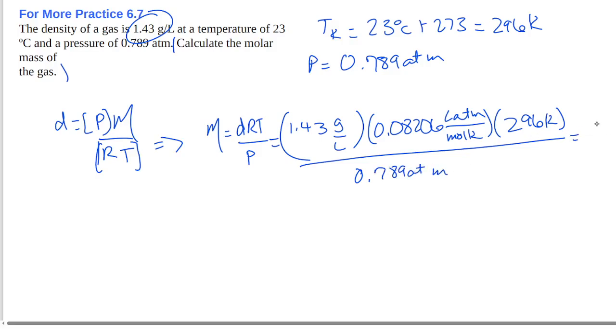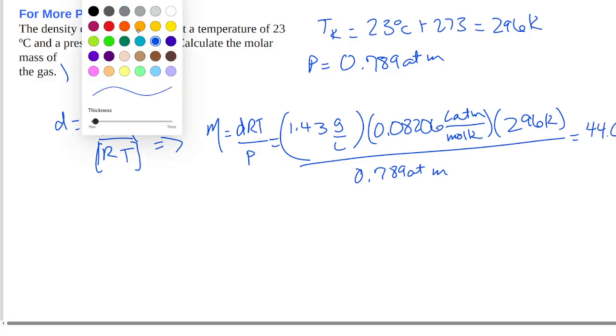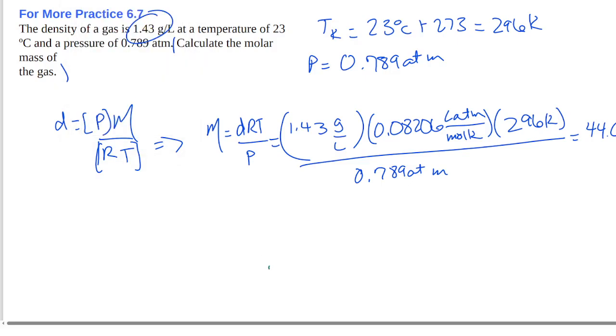Our answer turns out to be 44.0 grams per mole. Just to check, let's do a unit analysis. Liters cancels here. Atmospheres cancels here. Kelvin cancels here. And we're left with grams per mole.